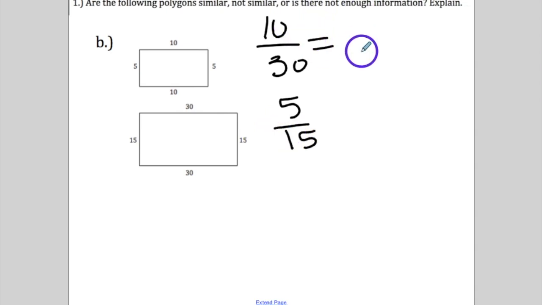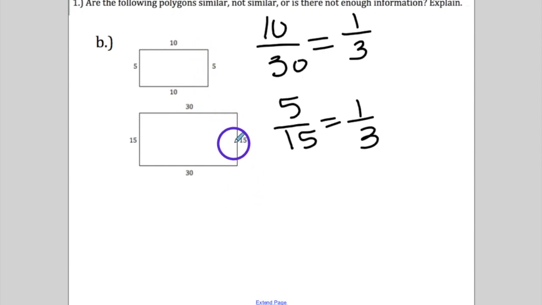Ten over 30 would reduce to 1/3, and 5 over 15 would also reduce to 1/3. So the sides are proportional on these quadrilaterals. However, we do not know anything about the angles, okay? And so we do not have enough information.